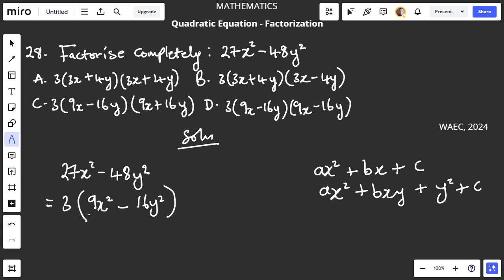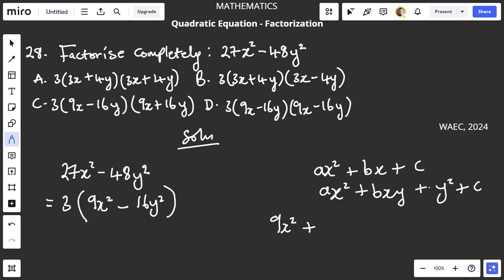So we've done our first part of factorization, but we are not done. Now what we are left to factorize is what? 9x squared minus 16y squared. So I'll write this out here. Now the general form of this would have been 9x squared plus, there should have been a term in x and y.